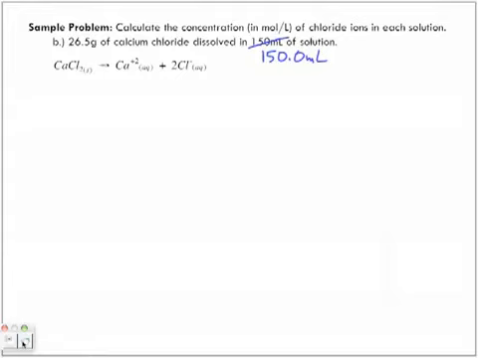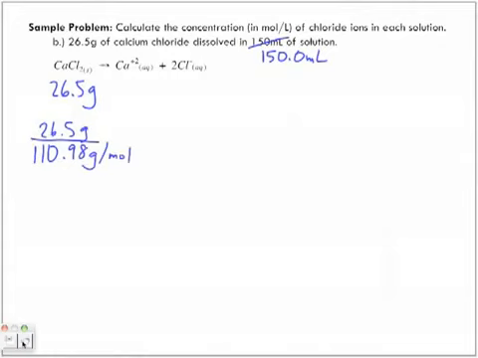So our question starts off with 26.5 grams of calcium chloride. So we want to convert our mass into the number of moles. To do that, we're going to take this value and divide it by its molar mass, which is 110.98 grams per mole.